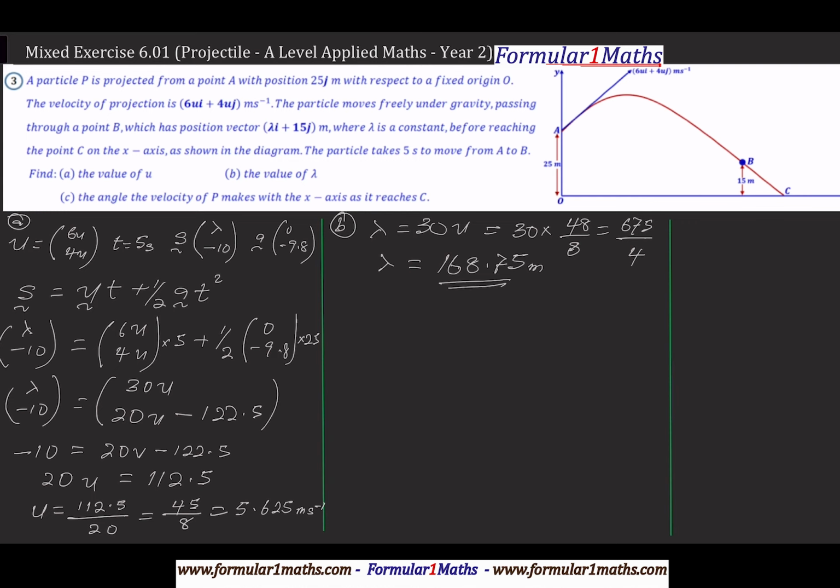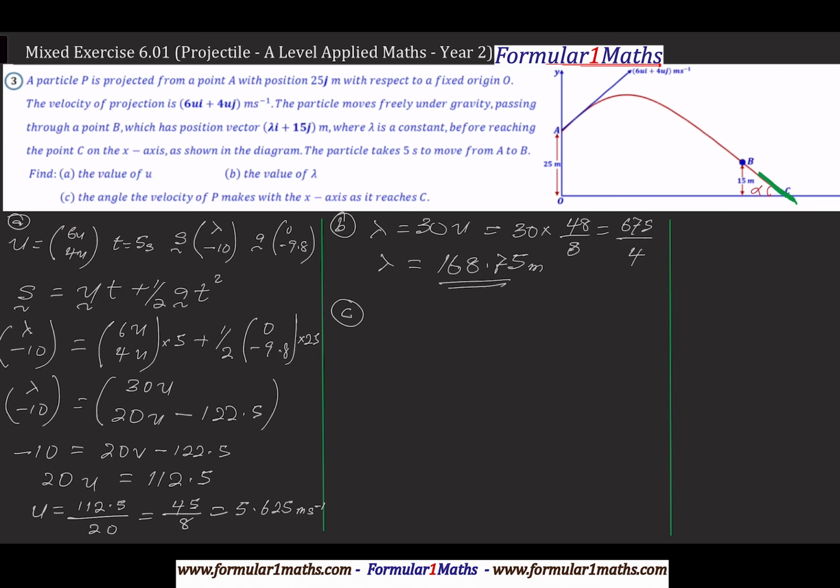For C, we are required to find the angle the velocity of P makes with the x-axis as it reaches C. We are going to get a situation like this. As you see, it will have a direction going that way, and that direction will make an angle of alpha with the horizontal.